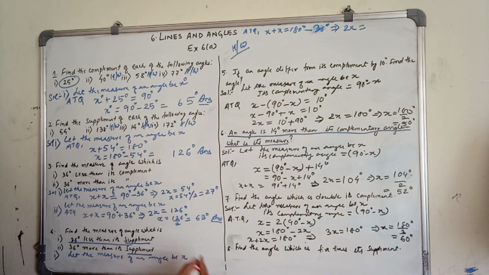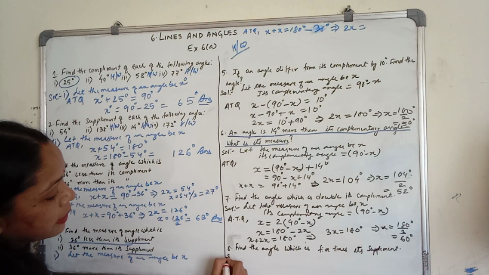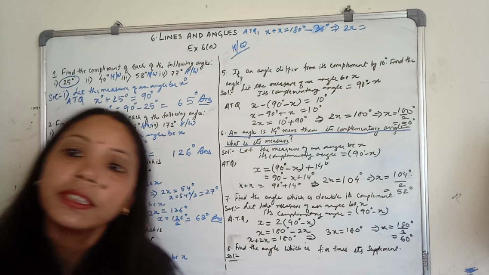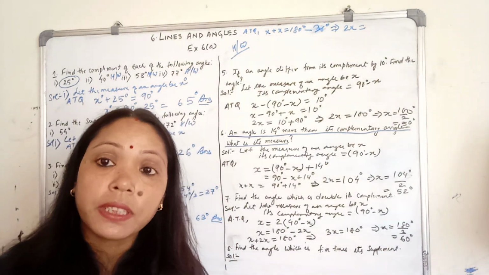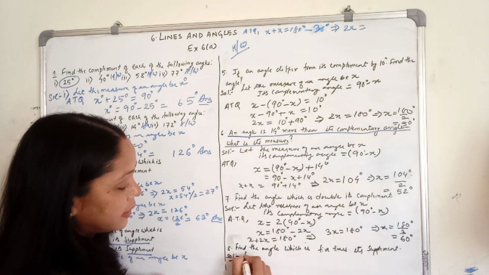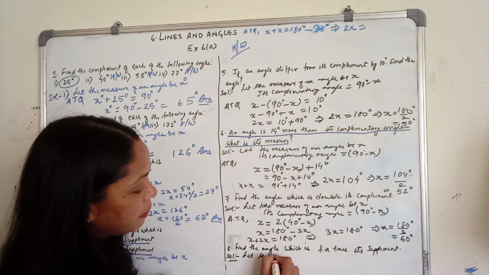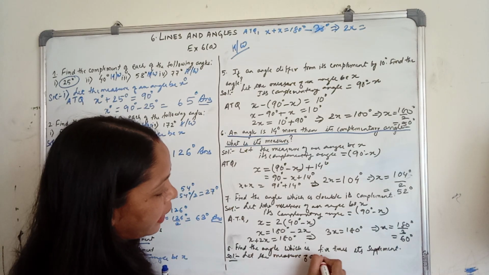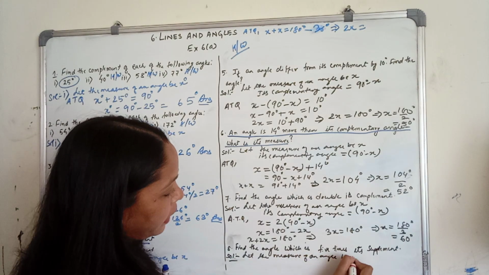Now question number 8. Find the angle which is 5 times its supplement. 5 times its supplement. So you have to start with what? Let the measure of an angle be x.